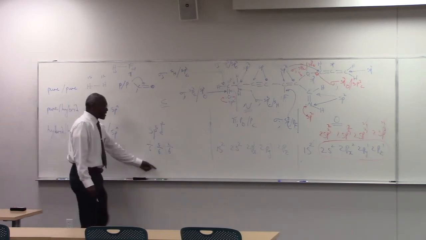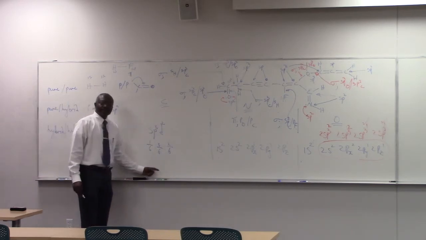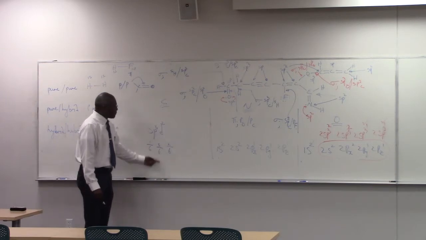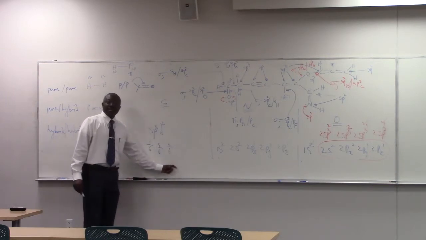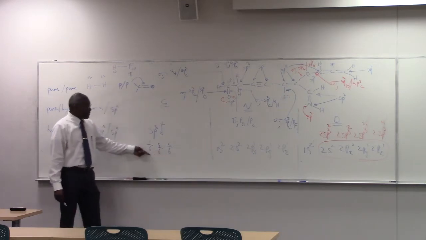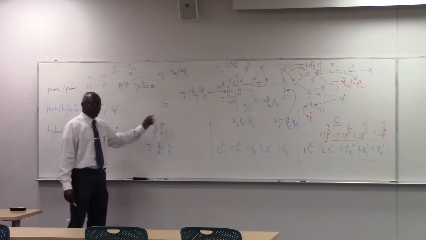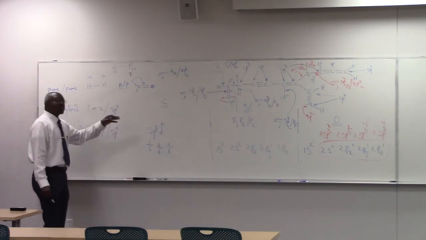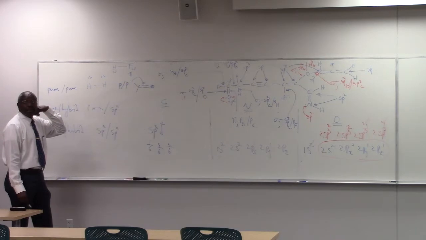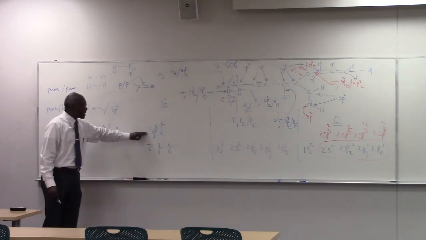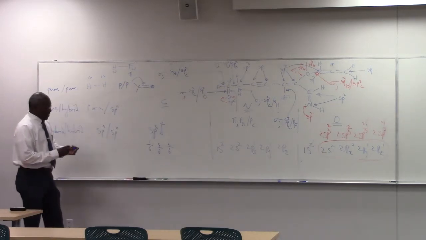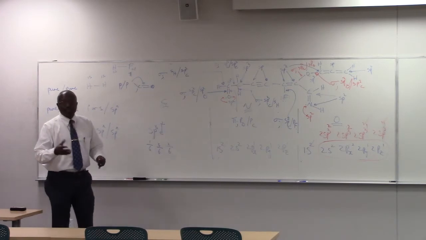Okay, so that's 50% P, 33 and a third percent D, and 16 and two thirds percent S. And so you could get that sort of a question as well.